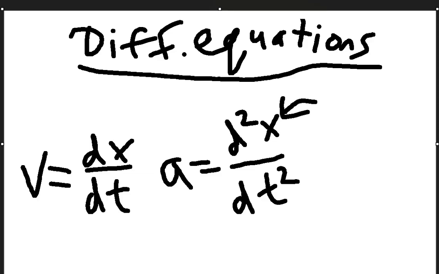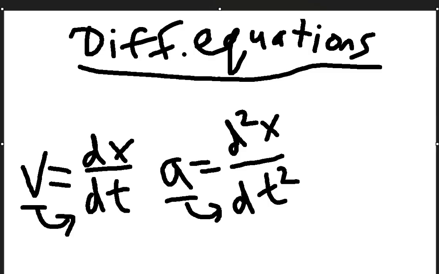So take the derivative once, it turns into an equation for velocity, then take the derivative again, it turns into an equation for acceleration. It's called differential equations because acceleration depends on this derivative, and velocity depends on this derivative as well.